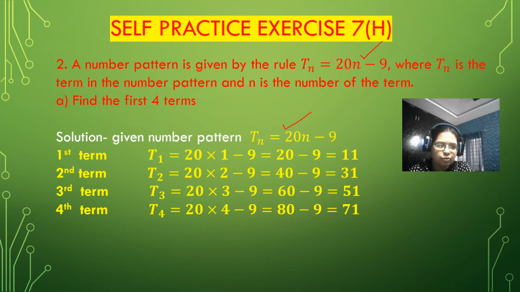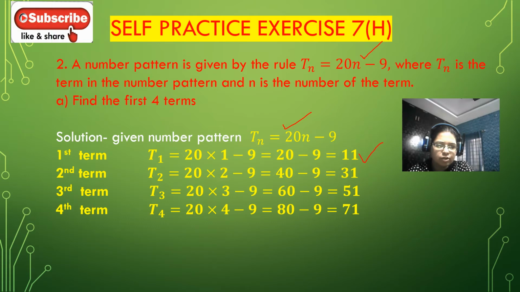So first term will be n equal to 1, T1 will be 20 multiplied with 1 minus 9. 20 multiplied with 1 is 20, 20 minus 9 is 11. Second term, when n equal to 2, T2 equal to 20 multiplied with 2 minus 9. 20 multiplied with 2 is 40, 40 minus 9 is 31.